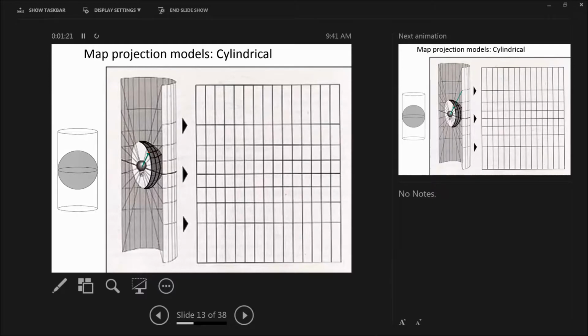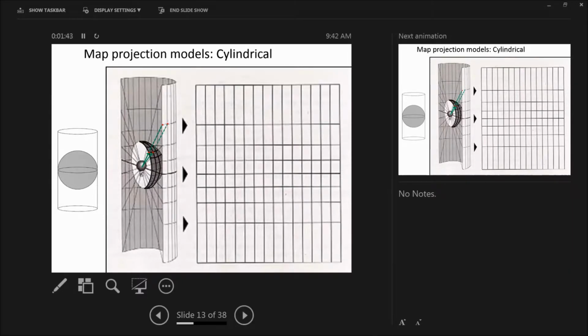Very simple. Just extend this light ray all the way until it hits the cylinder. So this is where this point is going to be. Let's pick another point. Get the light ray to it. Project it.